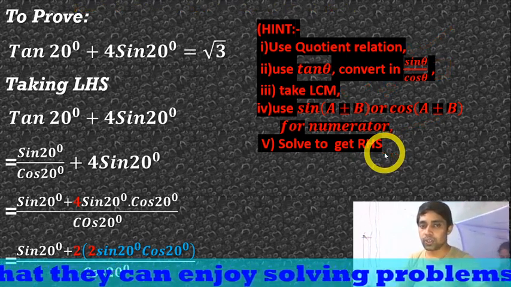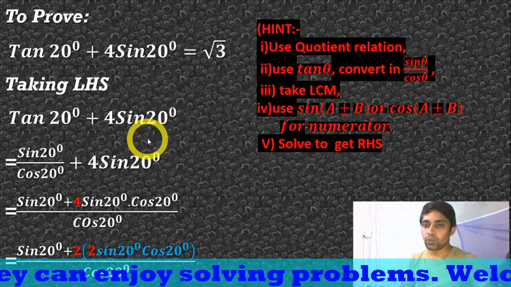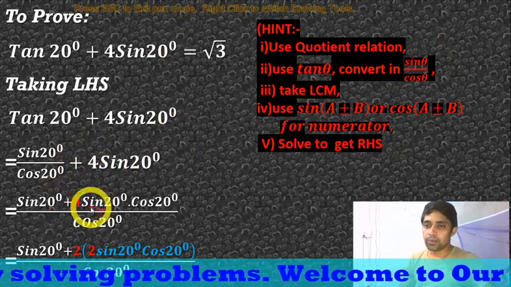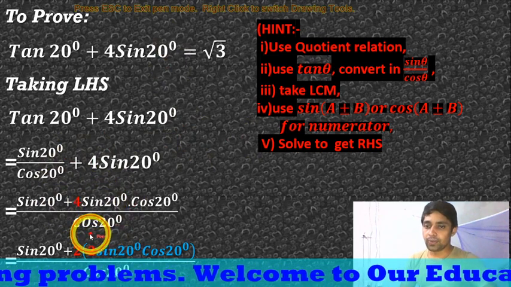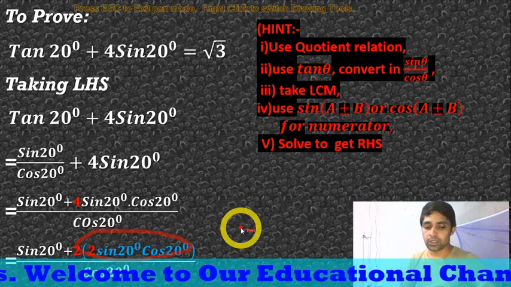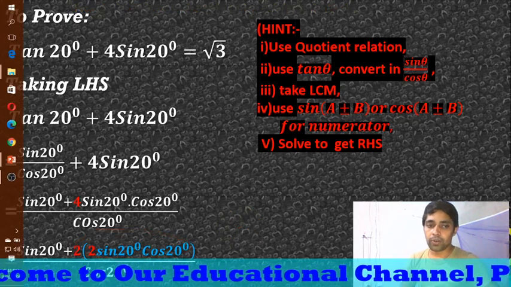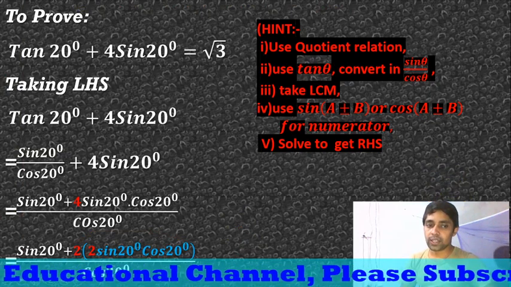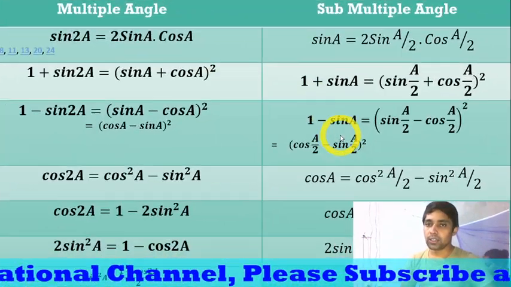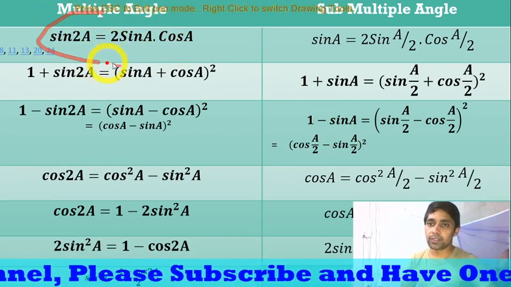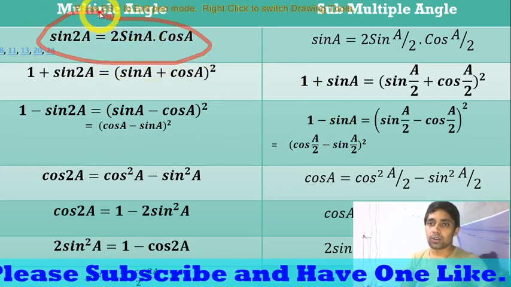Once we see here, we have first taken the LCM. As we are taking the LCM, it is in the form of 2 sin theta dot cos theta. 2 sin theta dot cos theta is the formula format of sin 2 theta. Sin 2 theta has the formula 2 sin theta dot cos theta. So here we are applying this formula, sin 2 theta as 2 sin theta dot cos theta.